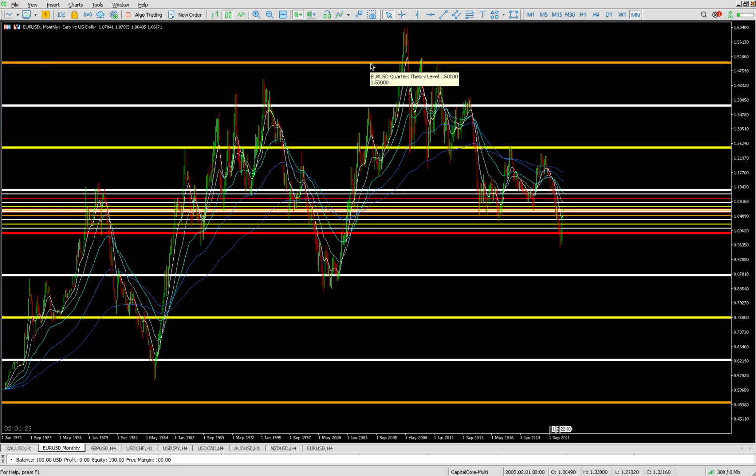Okay, but in between the 1.5 and the 0.5 is 100,000 points. So these are our 100,000 point key levels. This is our high time frame key levels right here. Okay.